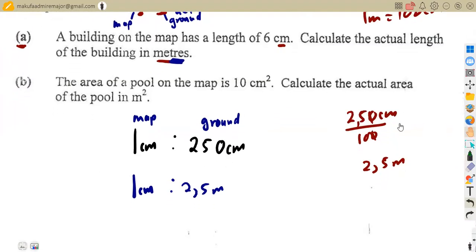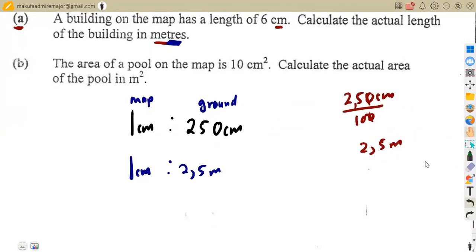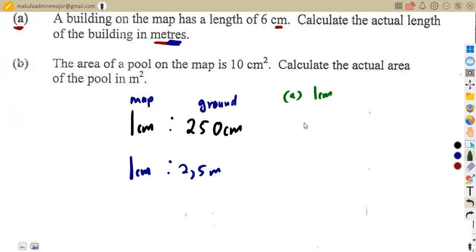So we are having a proportion again. From our similarity, we have this as a proportion to say 1 centimeter on the map is equivalent to 2,5 meters on the ground. What about a building that is on the map? Take note, the building is on the map. We are seeing it on the map having a length of 6 centimeters. So we are supposed to have 6 centimeters under the map.